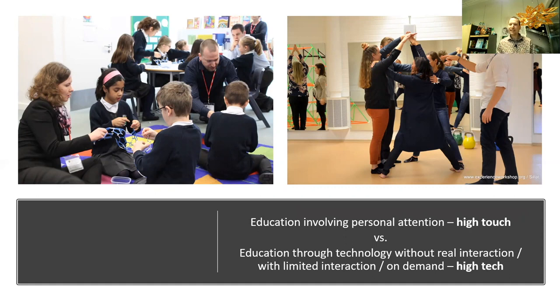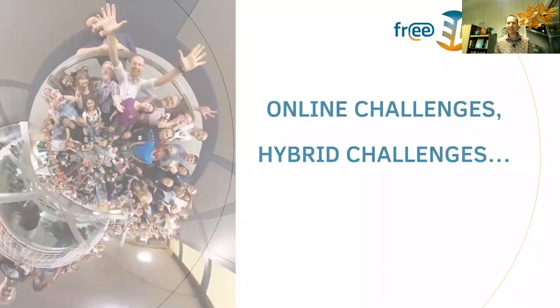However, education and the learning process are evolving, and a very important component of the learning process is personal attention, the high touch aspect. So how can we combine these two, for example, in a hybrid environment?